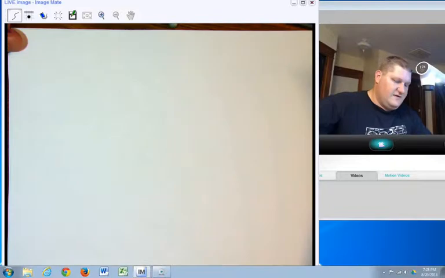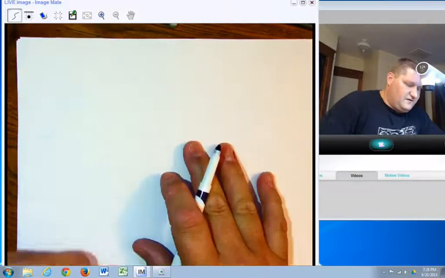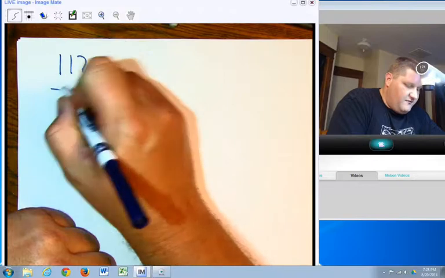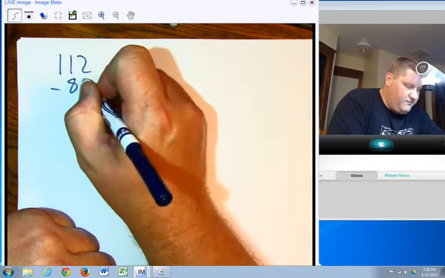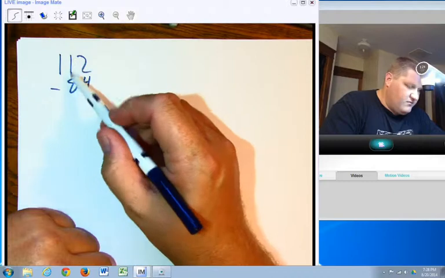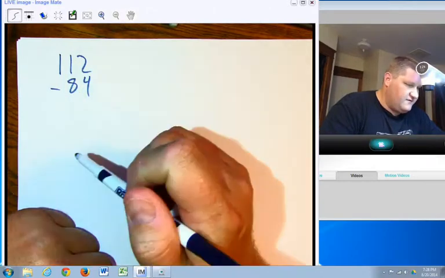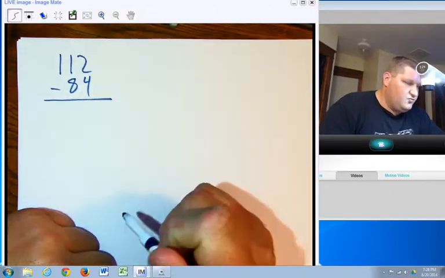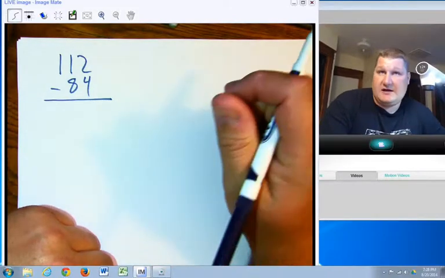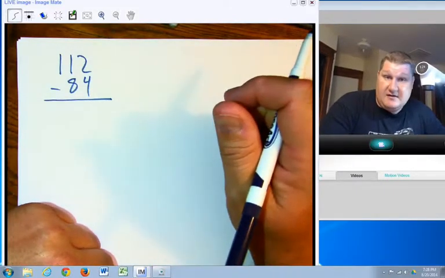Now, obviously, if we have to do something like 112 minus 84. In this case, I can't take 8 away from 1 and I can't take 4 away from 2, so I have to regroup or carry. Whether you call it regrouping or carrying, it doesn't frankly make a difference.